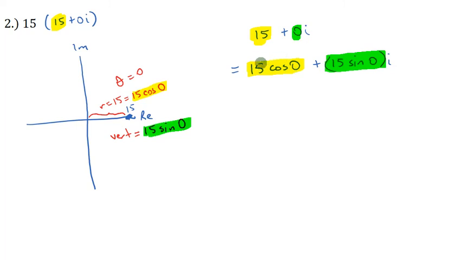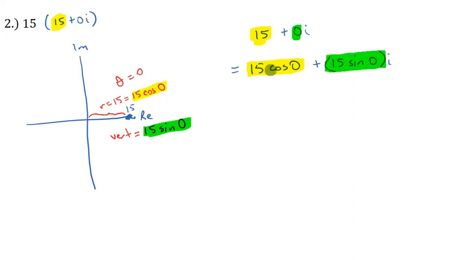But verify for yourself. Get a calculator out and take 15 times the cosine of 0. You'll see that it's equal to 15. And take 15 times the sine of 0 and you'll see that it is 0 in fact. Okay? Now, you're probably wondering, why in the world would I want to write it this way? Well, there are advantages that I cover in other videos.